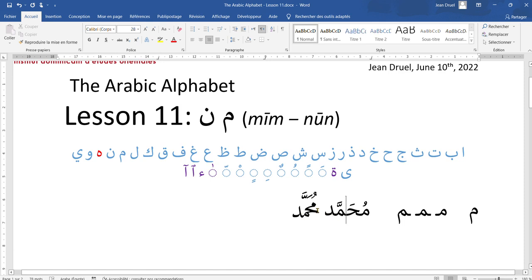The mim here has become like a dot above the ha. So these are exactly the same two words, Muhammad, once written without any ligature, and here written with some ligature. Some fonts have even more ligature, and the mim, ha, and the dal make one glyph. This is extremely common in Arabic in general, but for the mim in particular.